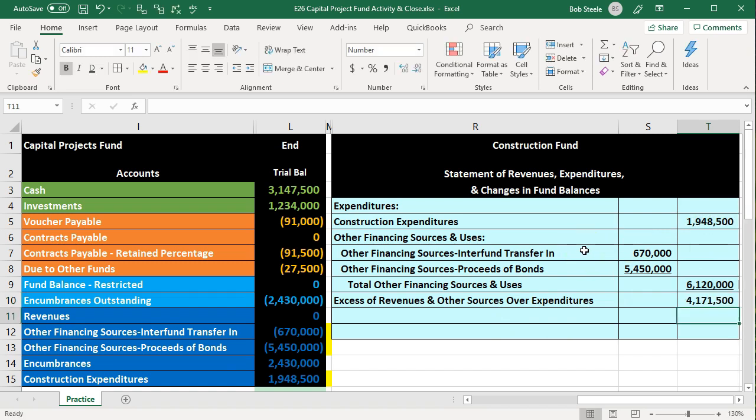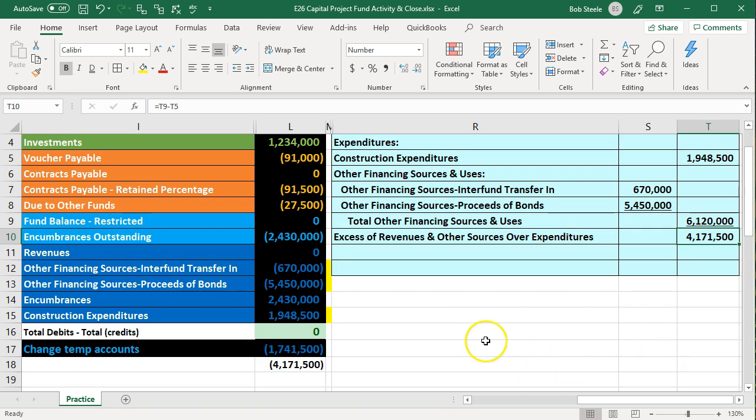Note, this can get a little bit backwards, because if we had revenues, the revenues wouldn't be enough to cover the expenditures, and you might end up with a negative number up top. Just note that this is our expenses up here, and these other financing sources are in essence winning, and therefore this is going to be a revenue type account. So we subtract the two to get to the excess of revenue and other sources over expenditures.